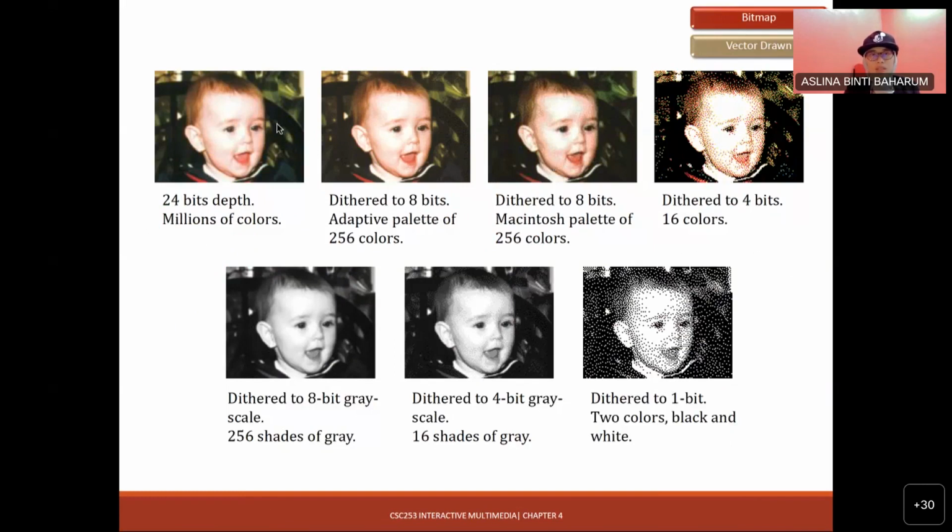You can see the resolution becomes lower and lower, and the images will be blurred and degraded. Using gray, this one is in color, this one is gray, so gray is much lower. It starts from 8 bit, 4 bit, and this is 1 bit.